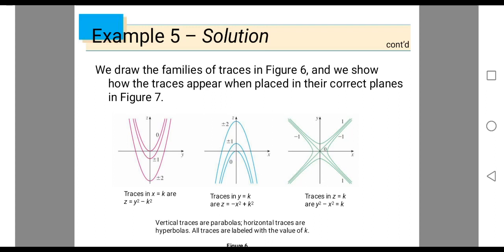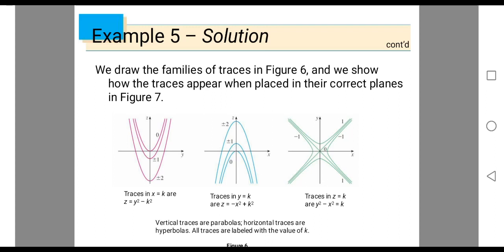But when we see the traces in y is equal to k, or z is equal to minus x square plus k square, we can see there's again a parabola, but it is now opening downwards, right? Its mouth is towards the negative portion.